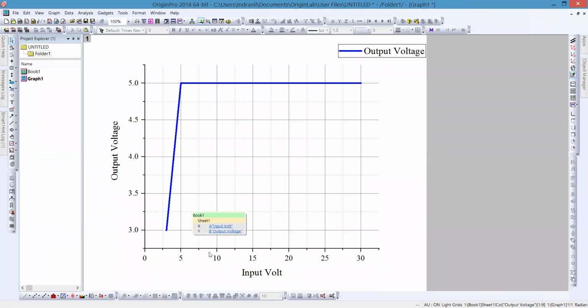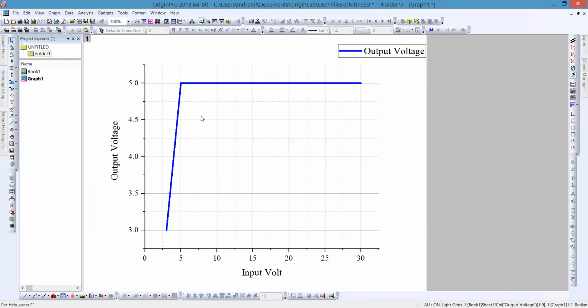After 5 volt, as we are changing the input voltage, the output voltage is still constant. This is for the simulation, and it is all based on equations, that is why we are getting this type of constant. In a real example, there will be deviation and it is not that smooth, but still the voltage across a Zener diode will be a little bit constant. So this is the case for line voltage regulation, or line regulation.